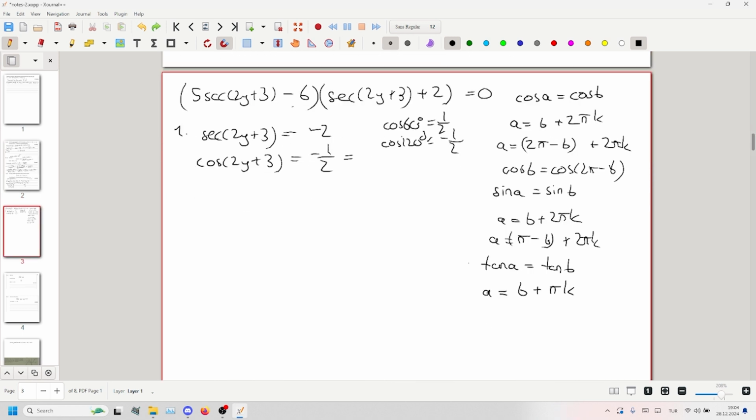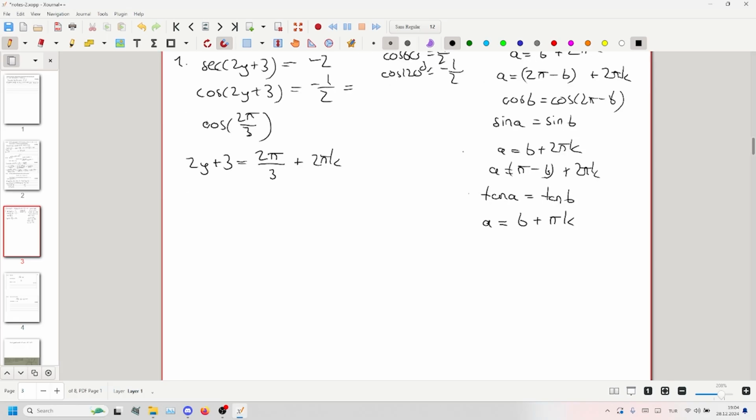So this value is actually equal to the cosine of 120 degrees, which is 2 pi over 3. So now we can write the equation that 2y plus 3 is equal to 2 pi over 3 plus the period, 2 pi k. And then from this we can solve for y.